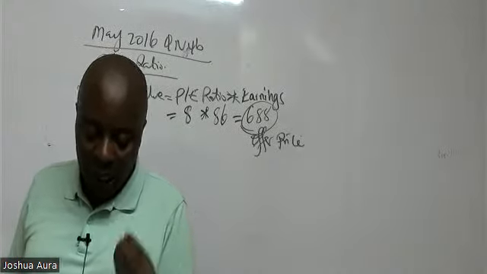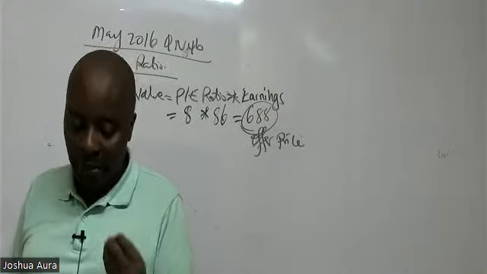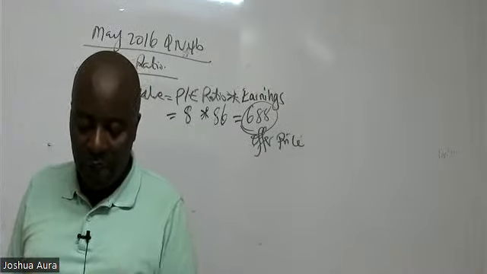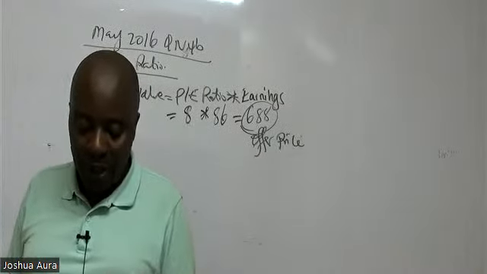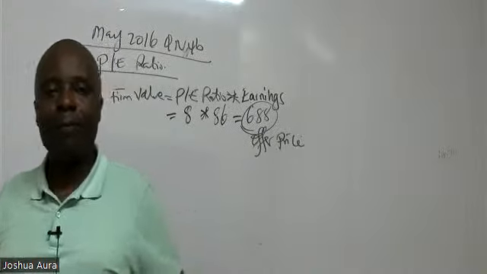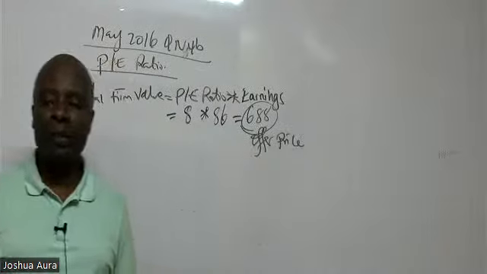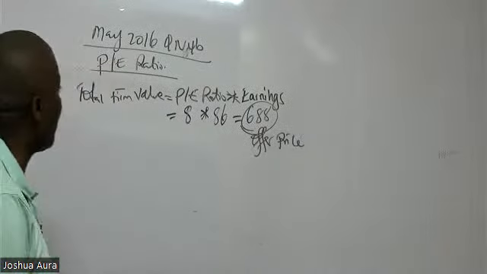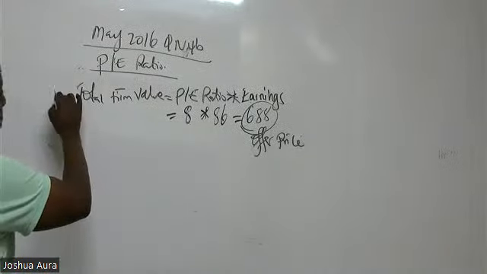We are supposed to be in number 2, where they want us to give them the WACC for Huge Limited after acquisition of Tiny Limited. This is what I was telling you in our last class, that there are some people who are very unprofessional.